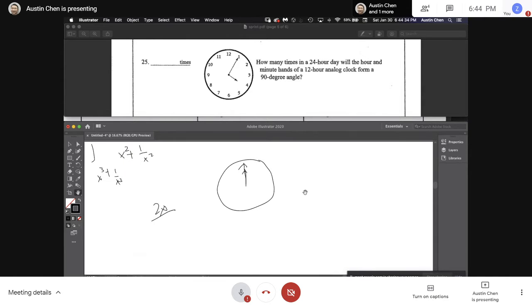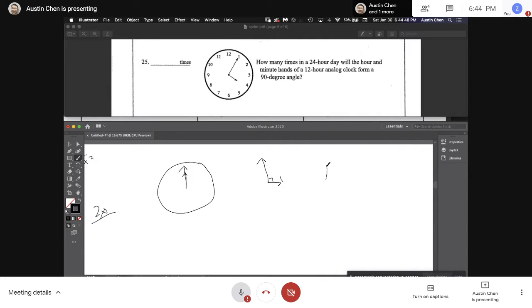Now, there are going to be 2 types of right angles they can make, right? One where the minute hand is counterclockwise of the hour hand, like that, or one where the hour hand is counterclockwise to the minute hand, like that.